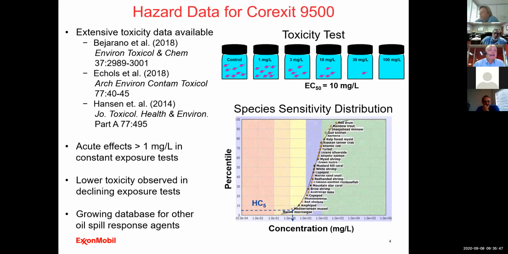If you were to do declining exposure tests, toxicity would be even lower. Based on typical field application rates, concentrations of Corexit 9500 in the field will just not be high enough to cause adverse effects on aquatic life. The last point is that there's a growing database of hazard information from other oil spill response agents that can also be used to do these sorts of calculations.